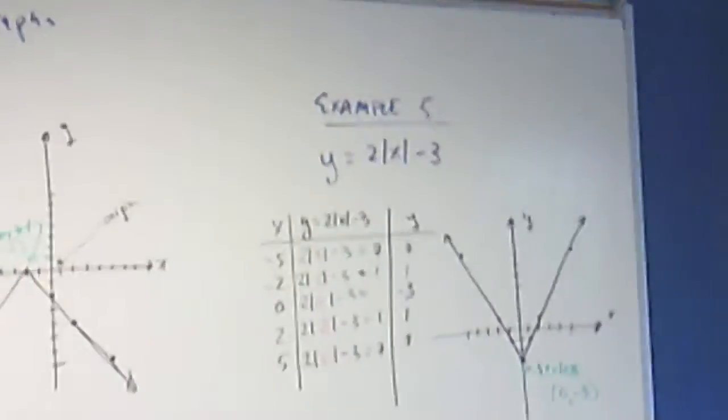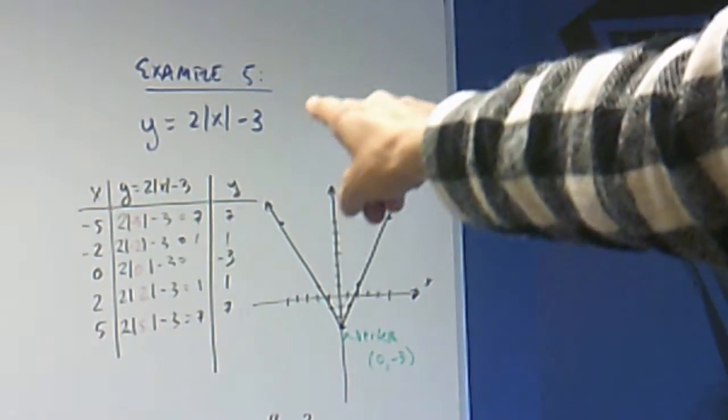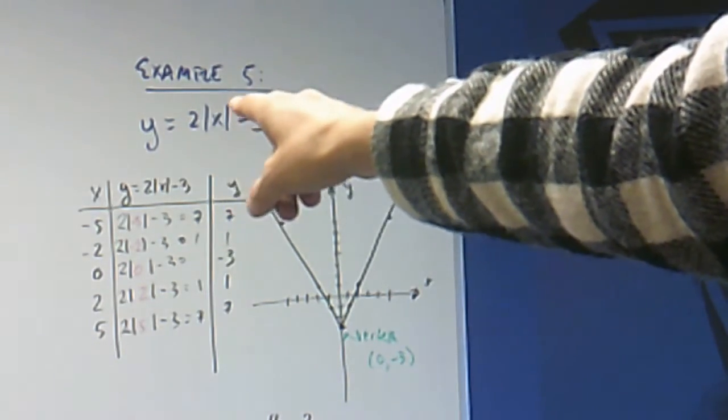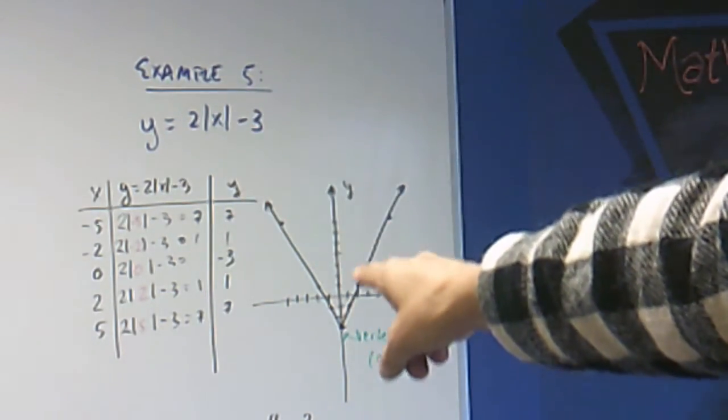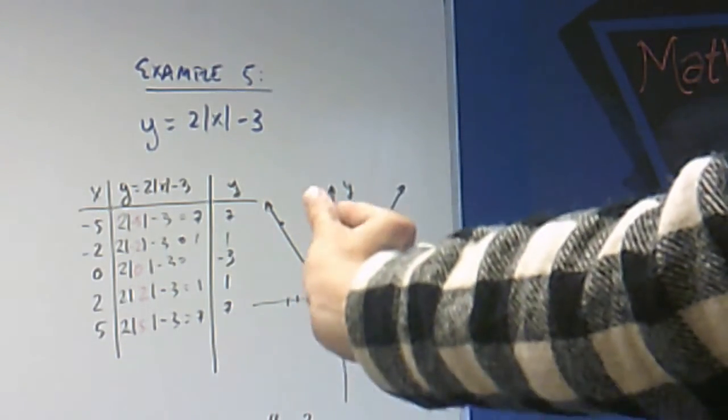Now let's go back here. Okay, now let's look over here. We again had absolute value of x minus 3, but it was doubled, right? That 2. And it's narrower. It's like pinched.